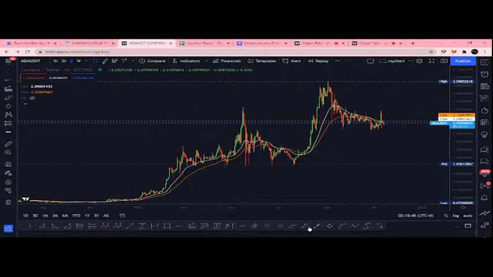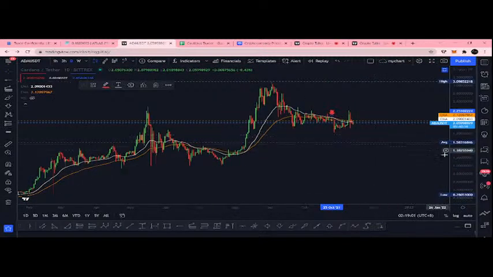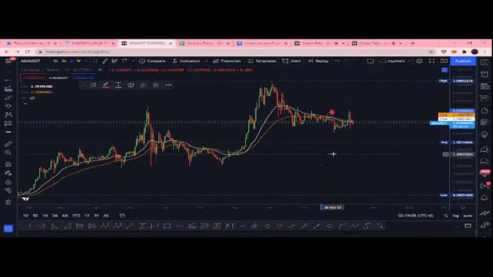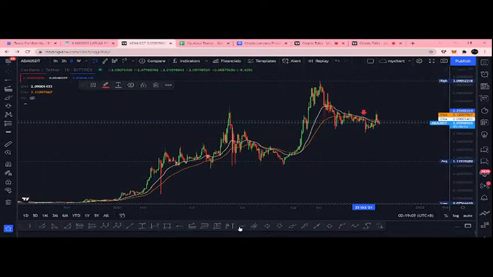It's a dead cross a few days ago. And then retested 180 something. And currently still trying to retest the EMAs, EMAs 30 and 60.